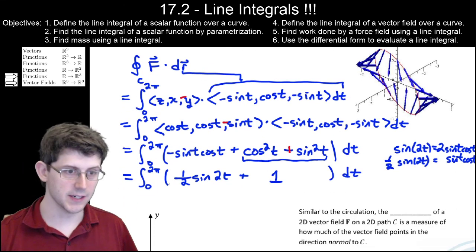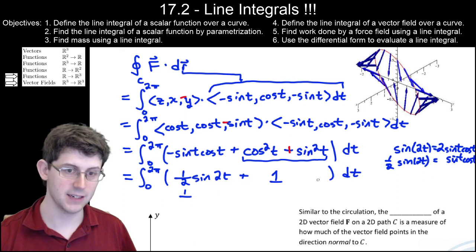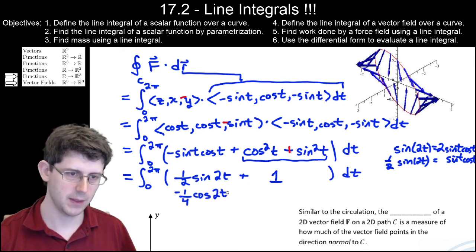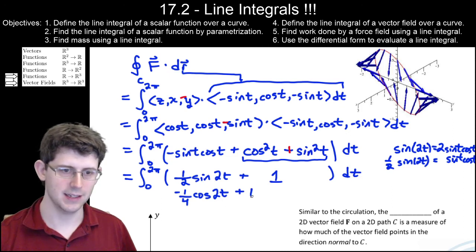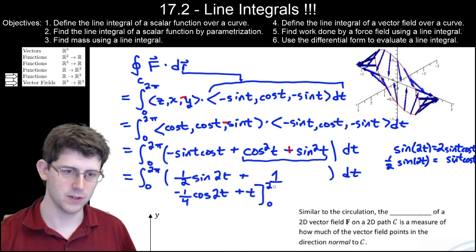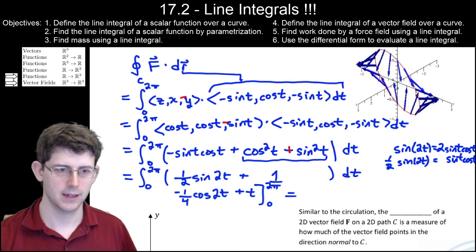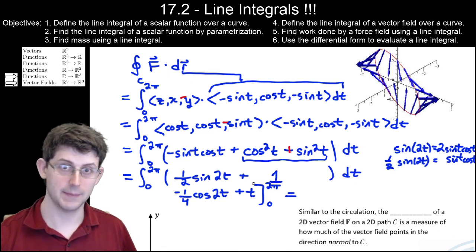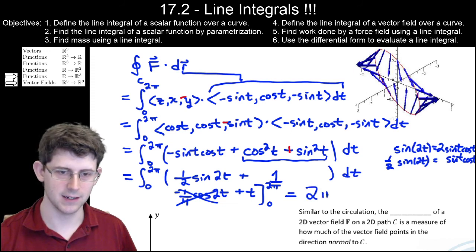Then I can do these integrals. The integral of half sine 2t dt is minus a fourth cosine 2t. The integral of 1 dt is t, from 0 to 2 pi. When I plug in 2 pi or 0, I'm going to get the same thing for cosine 2t, so these cancel. And the final answer is 2 pi.